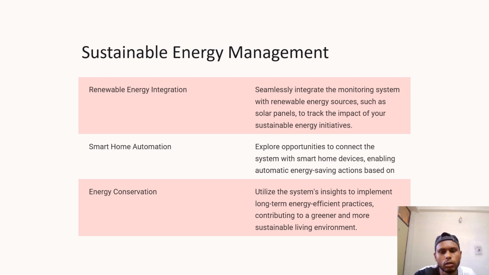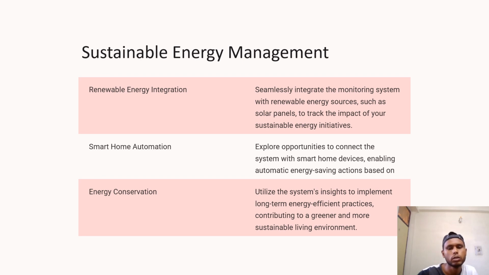We can integrate the monitoring system with renewable energy sources such as solar panels, and use solar panels to track the impact of our sustainable energy initiative. If we are using solar panels, then we can optimize the balance between the use of solar panels and the use of primary, normal electricity sources, so that we can also use these renewable energy options.